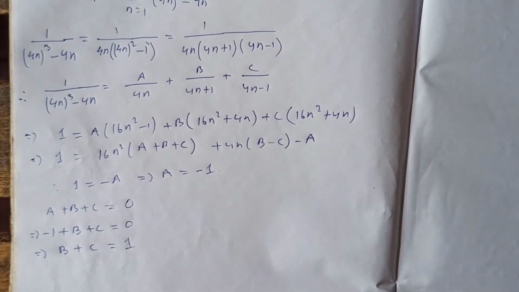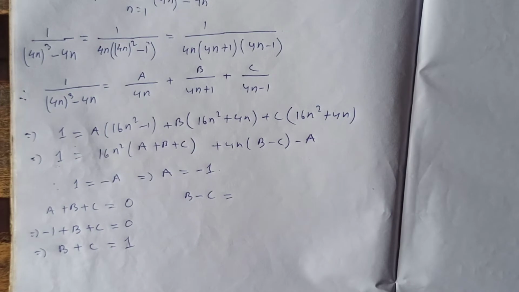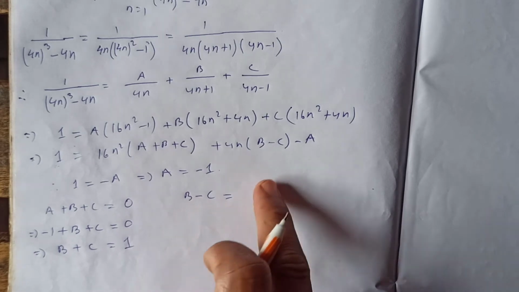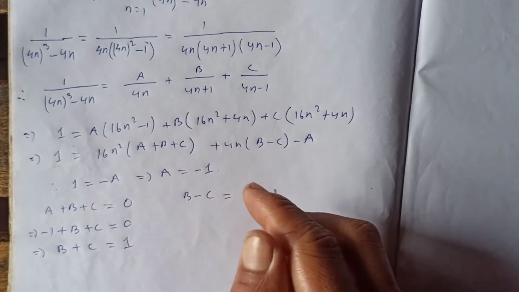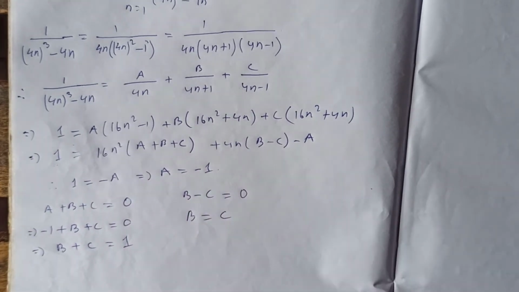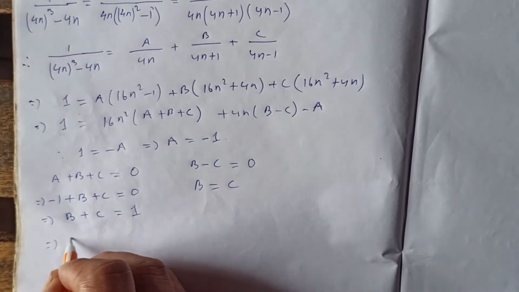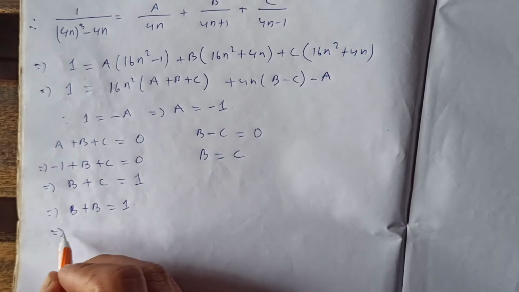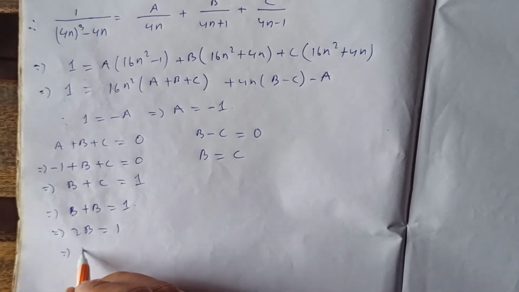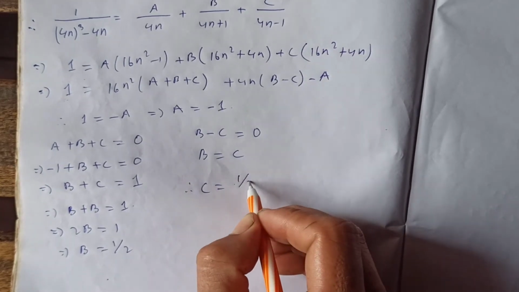In the n term, b minus c is 0, since there is no n on the left, meaning b equals c. Putting b equal to c, b plus b equals 1, so 2b is equal to 1, so b is 1 by 2. Therefore c is 1 by 2.